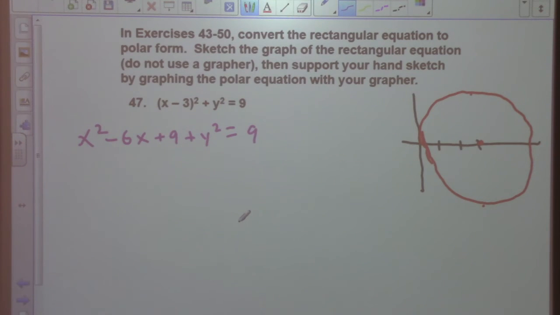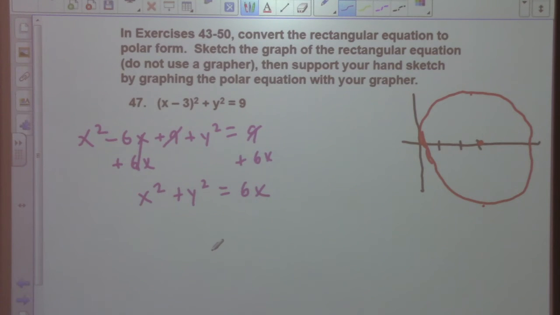Do you see anything that cancels out? So the 9, if we subtract 9 from both sides of the equation, these 9s will cancel out, right? And then we can add 6x to both sides here. So what we have on the left side is x squared plus y squared equals 6x.